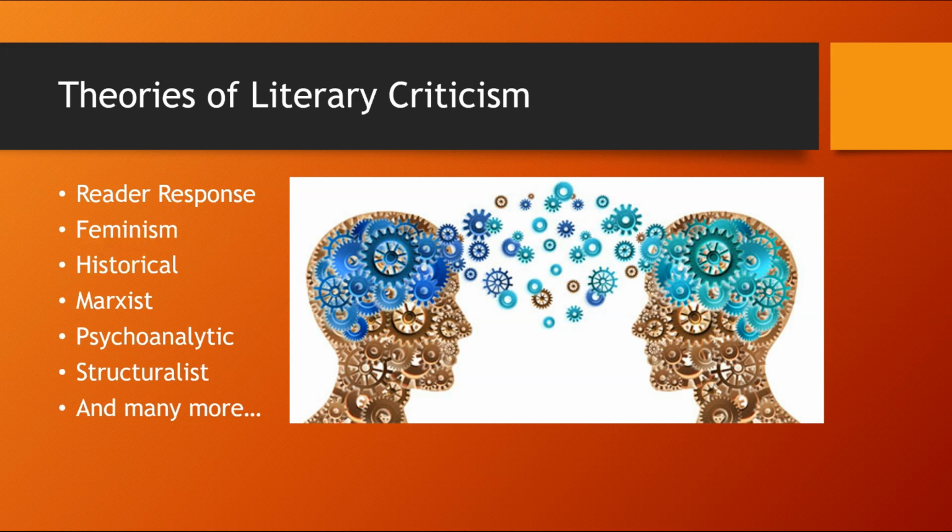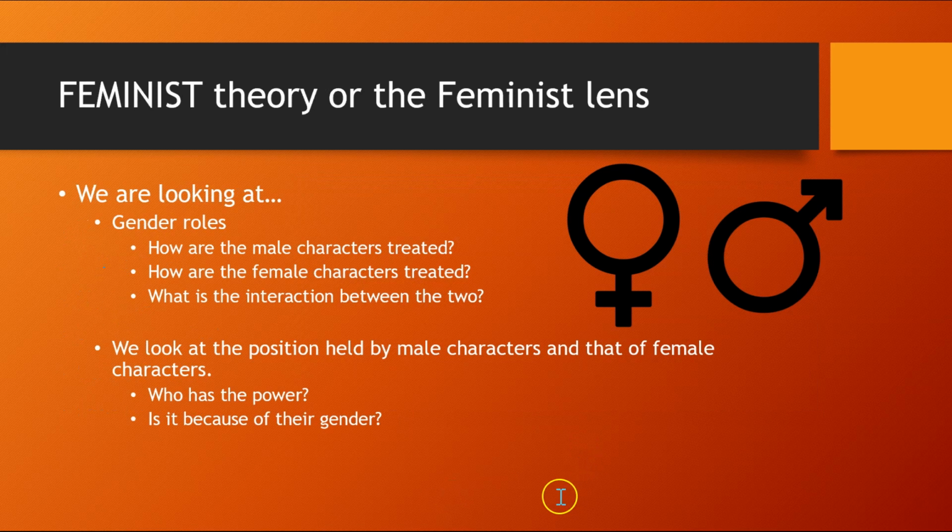Okay? So, the first one to examine, just to give you an overview, is the feminist lens, or the feminist theory. This is a theory that falls under literary criticism. Once again, literary criticism is the analysis, and the school, or the theory, is the lens that we use to find the analysis. So, we are analyzing literature to find meaning.